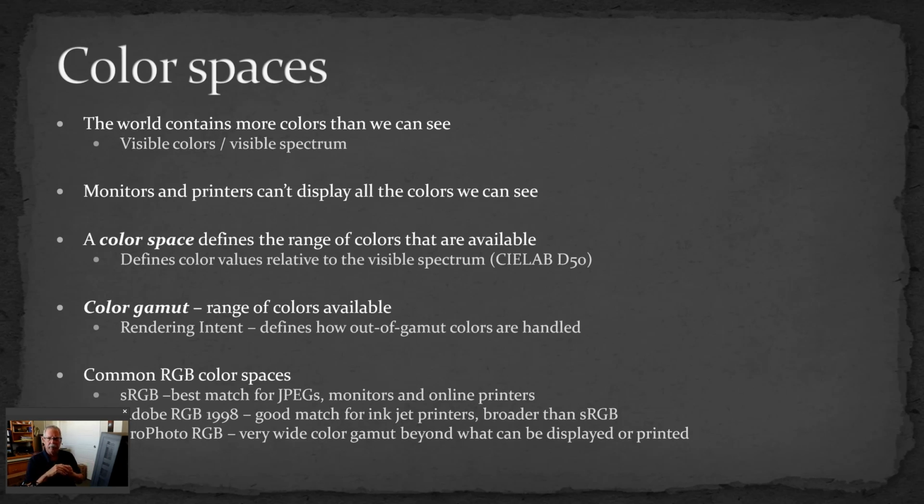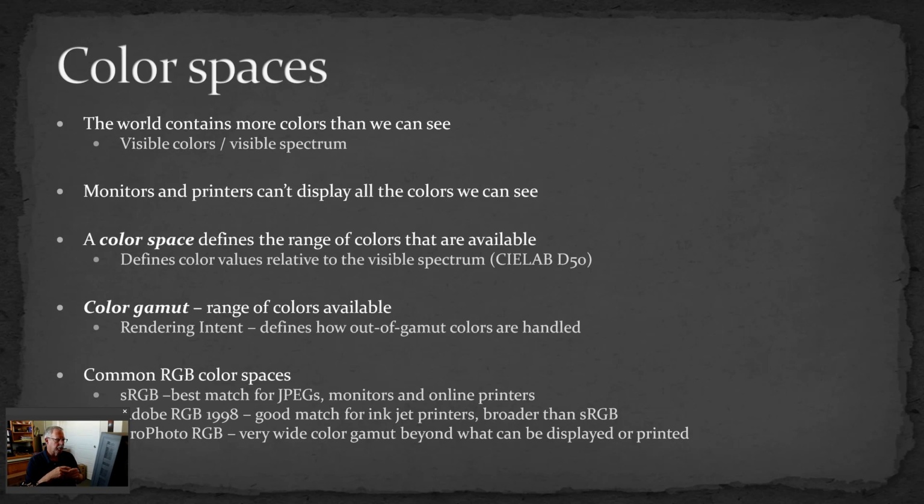So if I do the color calculation and I determine that this color should have a red value of 290 and the maximum allowable is 255, it has to get reduced down to 255 somehow. So the gamut defines how much of the visible colors are available in this particular color space. You may run across a term of rendering intent.